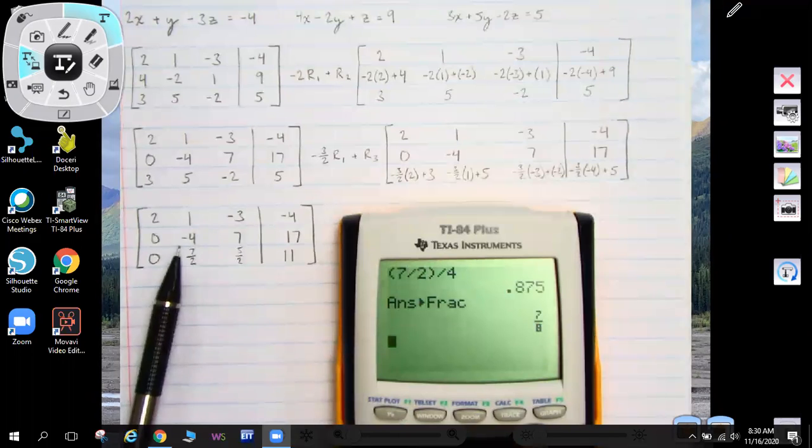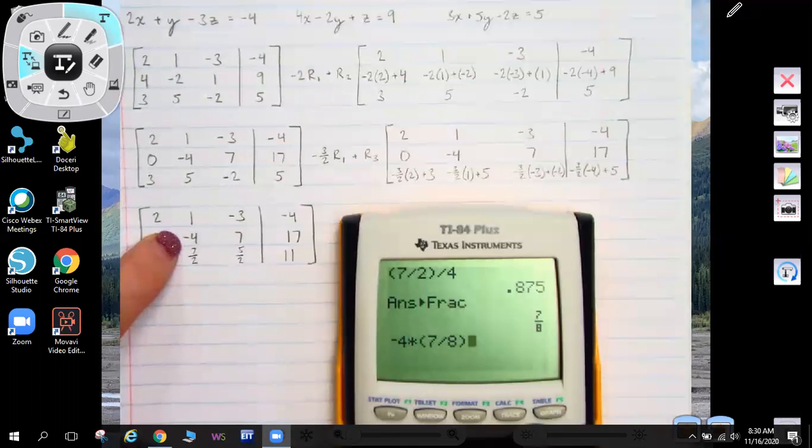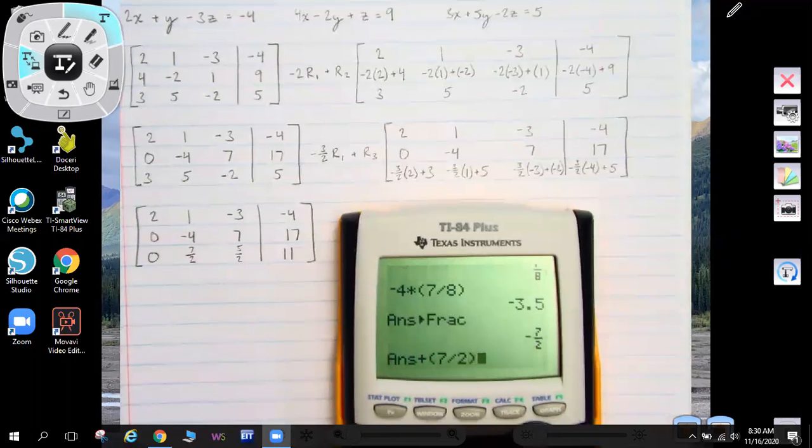And since this is a -4, we'll end up with a -7/2, which will then cancel with this positive 7/2. Okay, so just to show you what I mean, we'll have -4 times 7/8. So row 2 times 7/8, which gives us a -7/2, that when we add to a positive 7/2, we get 0.